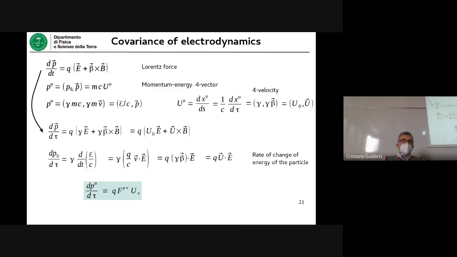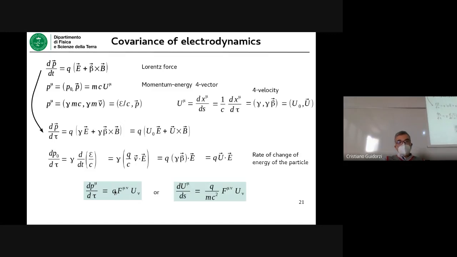In particular, I'll show you in a moment that you can look at this as the contraction between the electromagnetic tensor and the four-velocity, and what you come up with is just the rate of change of the four-momentum with respect to proper time. So, a fully covariant equation, you see?